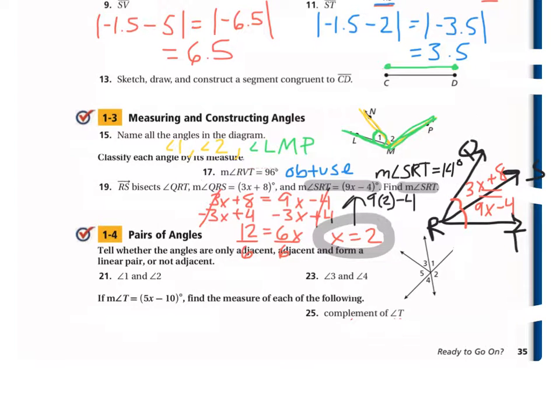So now let's look at 21. Tell whether the angles are only adjacent, and form a linear pair, or not adjacent. So if we have angle 1 and angle 2, these two angles form a straight line and share a side. So these would be adjacent and form a linear pair.